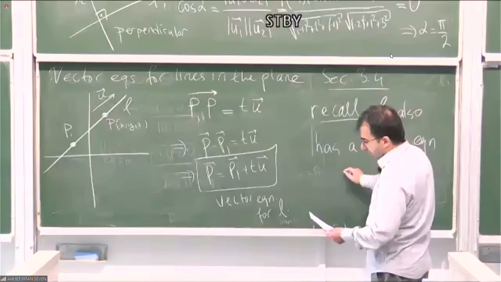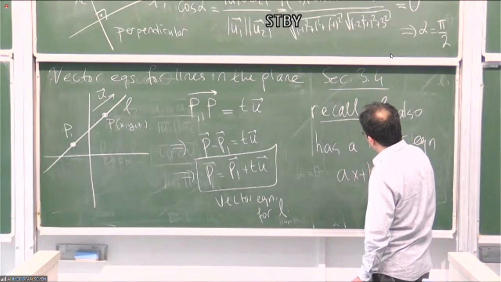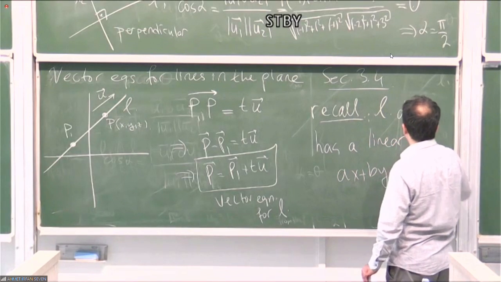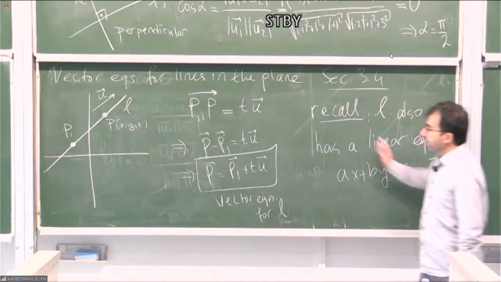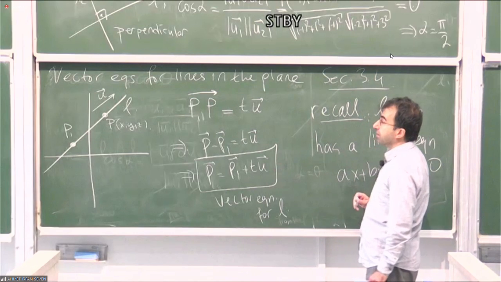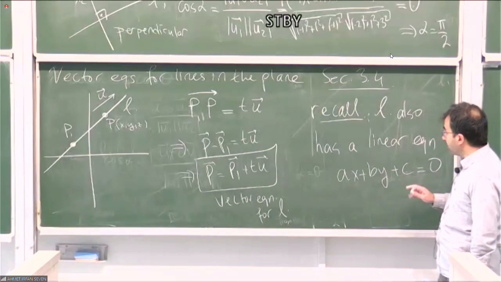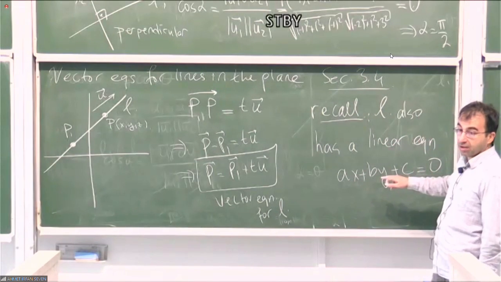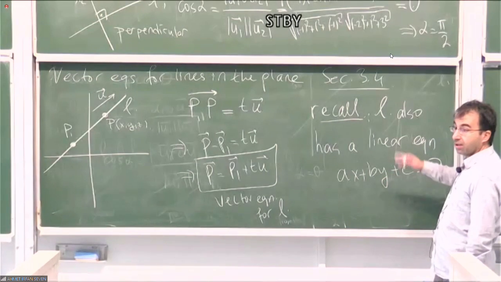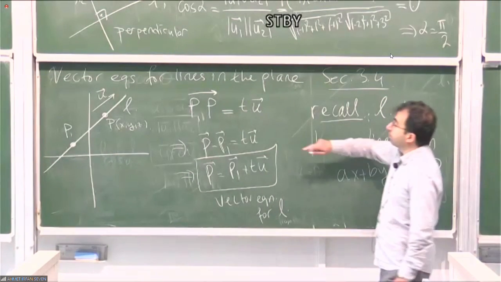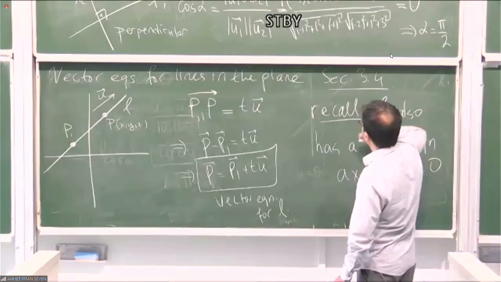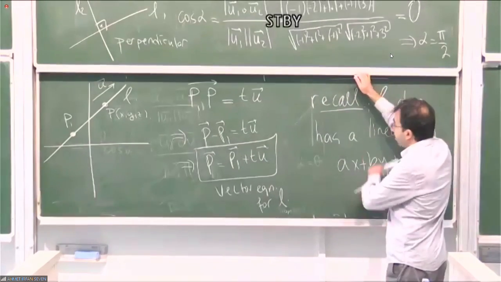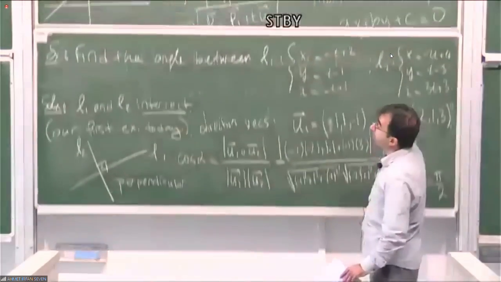So remember, this line also has an equation like that. This is still there. We also have a vector equation. However, for lines in space, we do not have an equation like that, as I said before. We will see why next time. So for lines in space, we only have a vector equation, not such a linear equation.